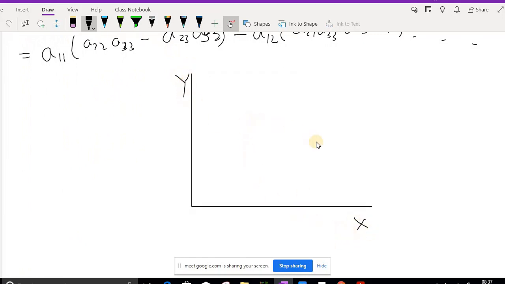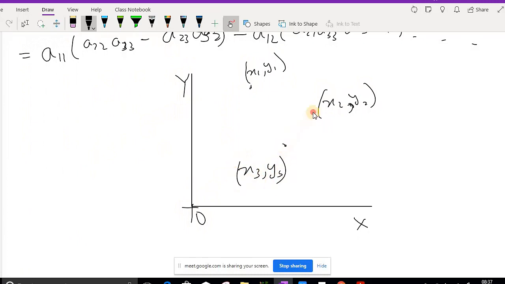This is the x-axis. So you have 3 points here. For simplicity, I will put it here. At a point here, whose coordinate is x1, y1. Then you have x2, y2, and x3, y3.